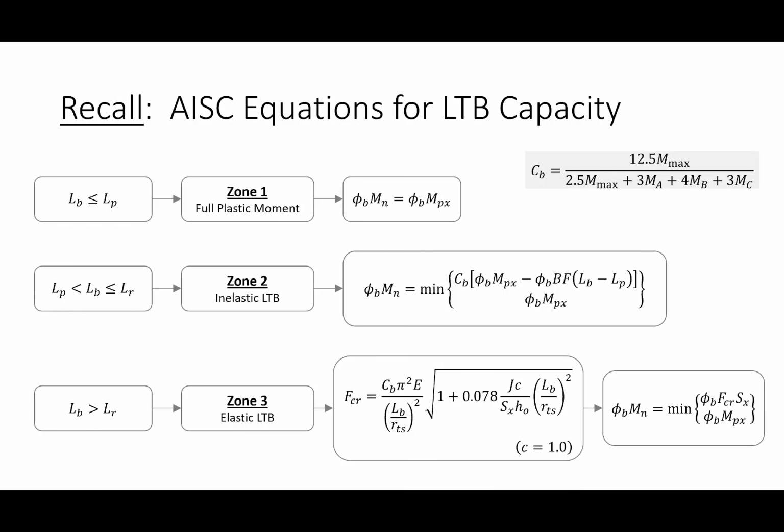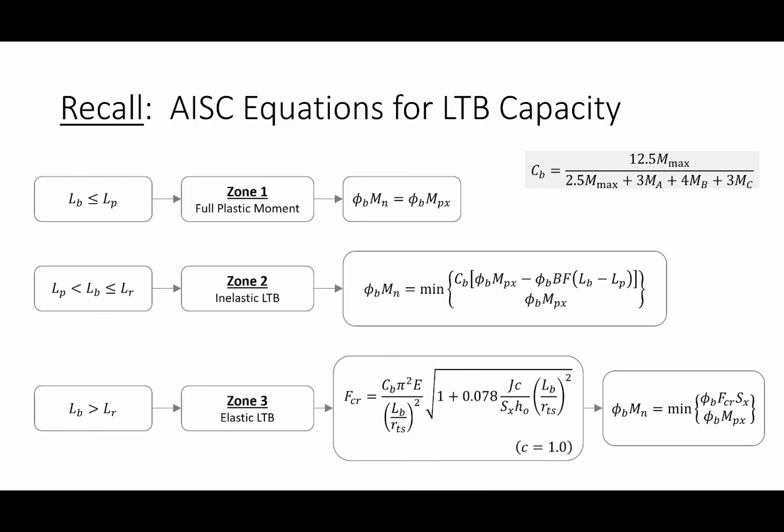I didn't say a discretely braced beam's capacity, because this flowchart works for a continuously braced beam as well. Why? If it's continuously braced, what's LB? 0. And 0 has got to be less than this, so you're in zone 1, and that's your capacity. So this flowchart works for continuously braced beams and discretely braced beams, it doesn't matter.